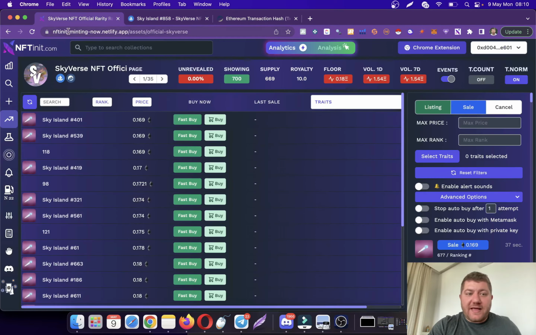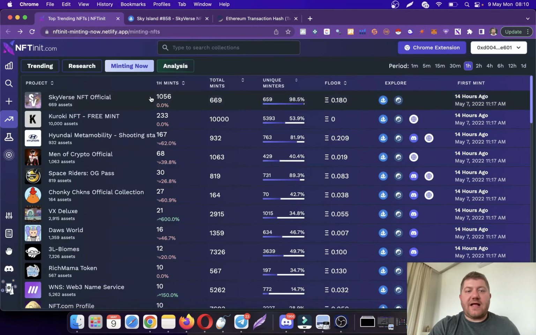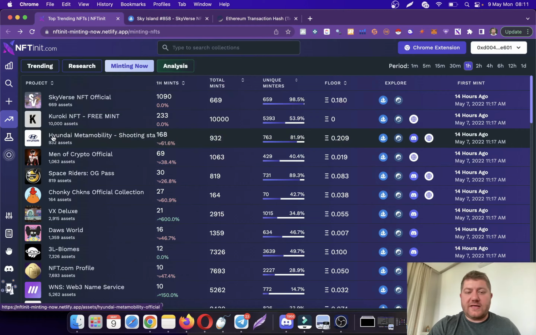So in the minting now page, you see the popular ongoing mints. For instance, there is this Hyundai Metamobility. I had no idea Hyundai was going into the NFT business.